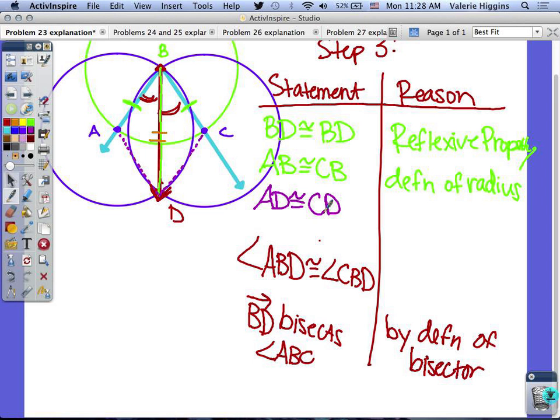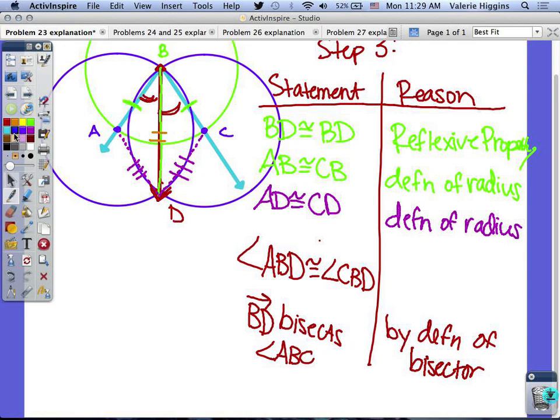So that's by definition of radius as well. All right? So now I've said that this side is congruent to this side. I've said that this side is congruent to itself. And then now we just said that this side is congruent to this side. So what does that mean? That they're all congruent.